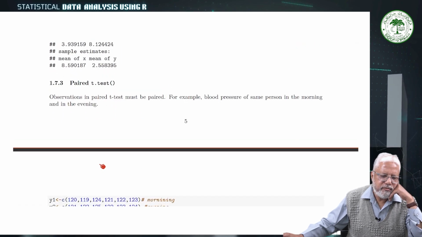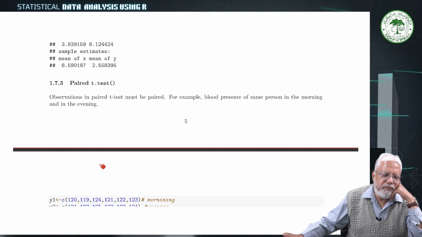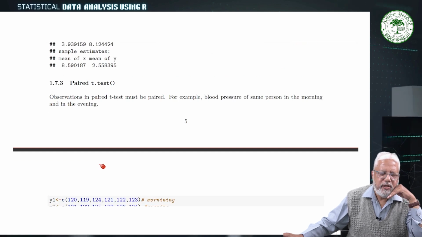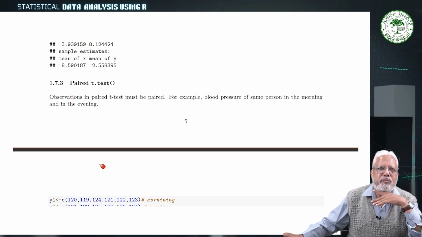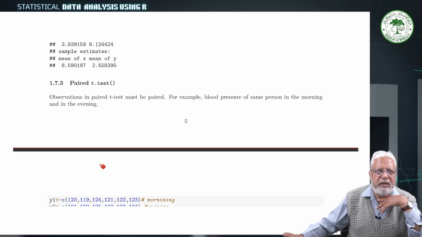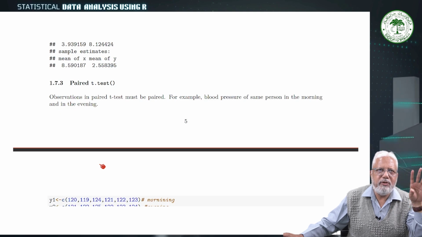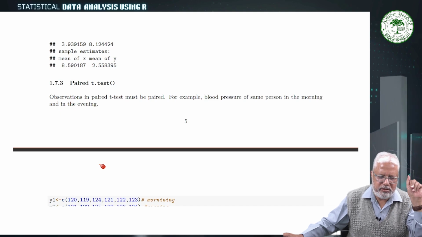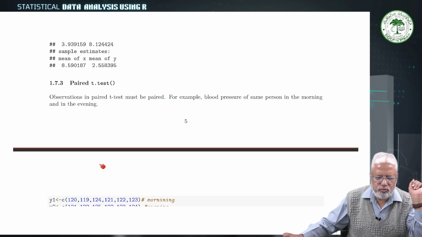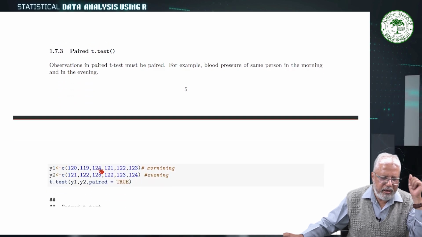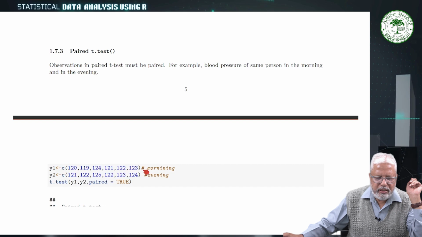Another example, if we are comparing two groups of animals, blood samples should be taken from the same animal in the morning as well as in the evening, then those observations are termed paired observations.